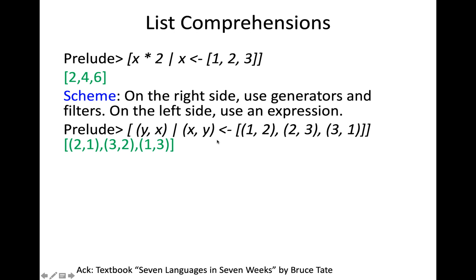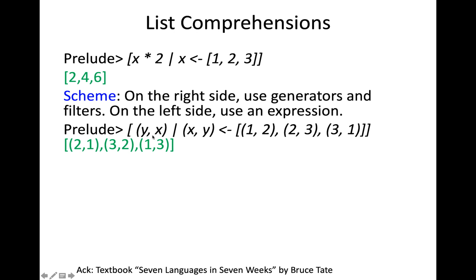Here it can be more complicated. So XY is a tuple, and that is getting generated by these elements in this list. And mind that here one element in the list is a tuple. So the first value of XY is 1, 2. Next value of XY is 2, 3. And those are getting generated.